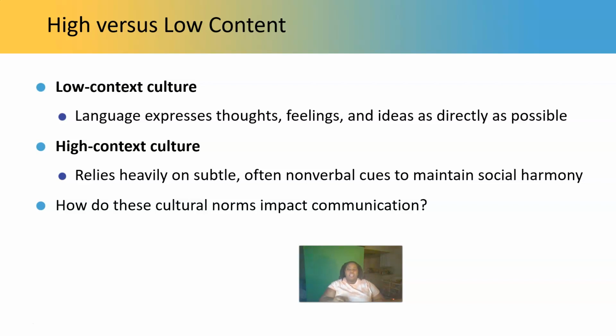I'm going to start with low context because that's a more Western type of communication process, and then we'll contrast that to higher context cultures. So in America and other Western countries, for example, like the UK, Canada, Australia, we value more direct thoughts and feelings.